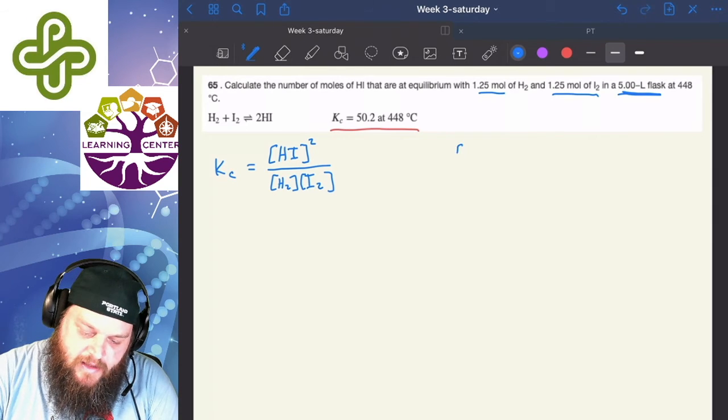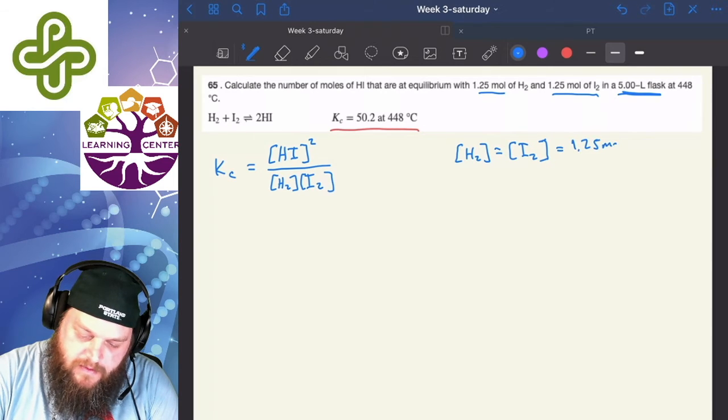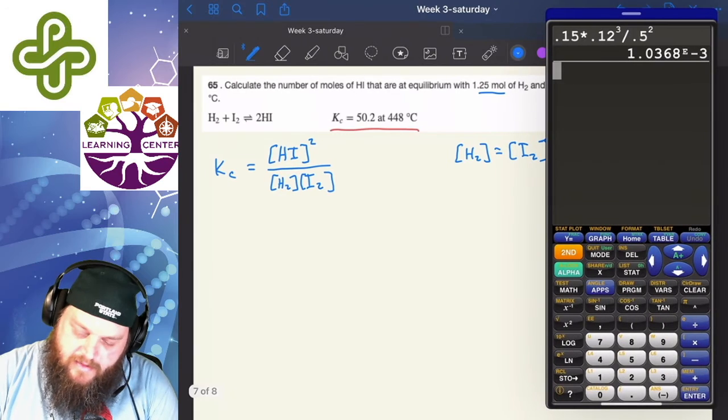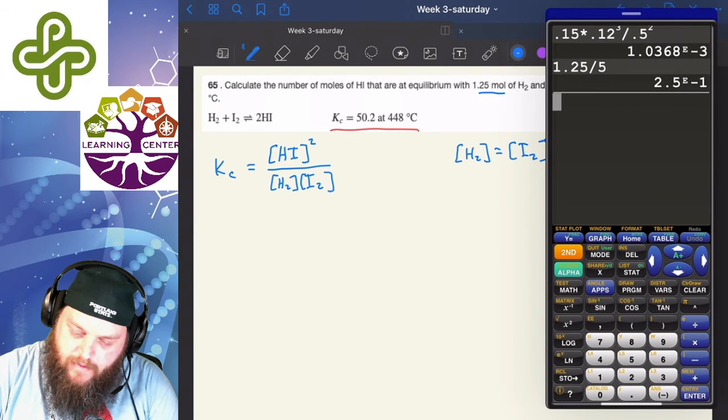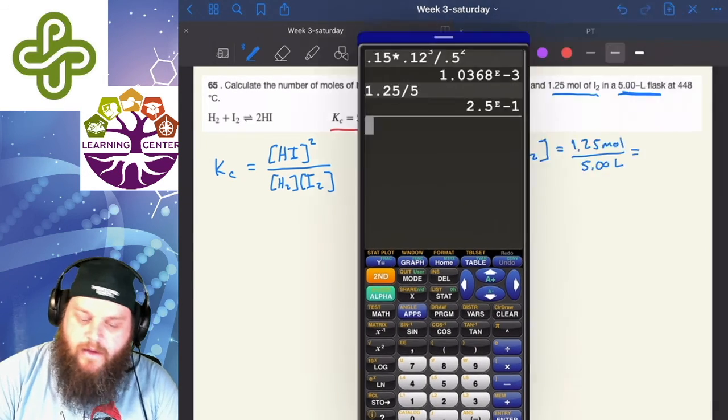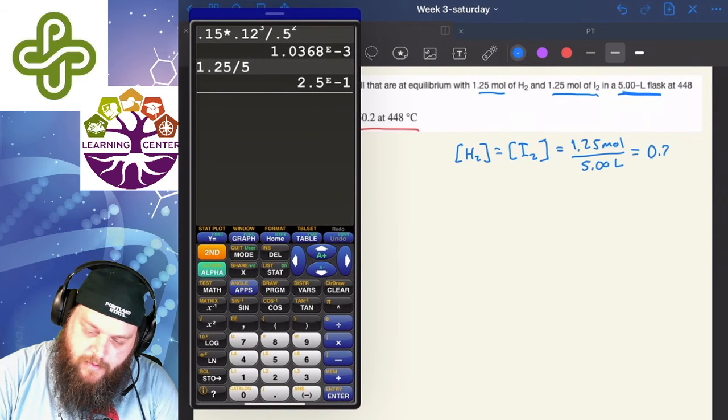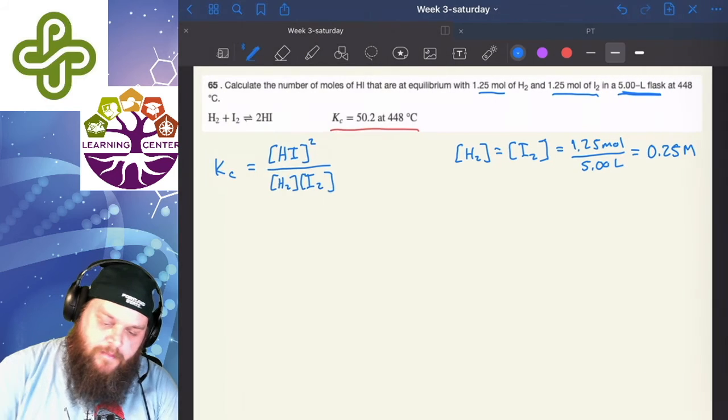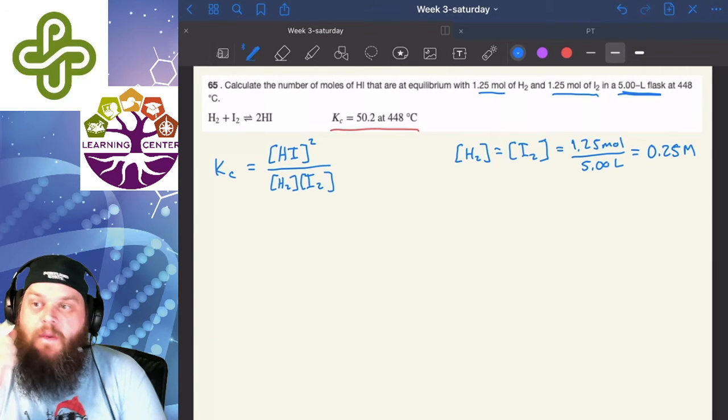So the concentration of H2 is equal to the concentration of I2, which is equal to 1.25 moles divided by 5.00 liters. If we do the math, 1.25 divided by 5, we get 0.25 molar. So now that we have that, we can utilize that.